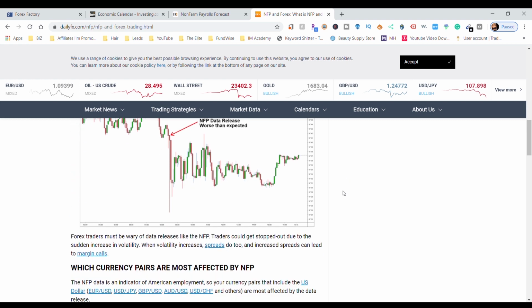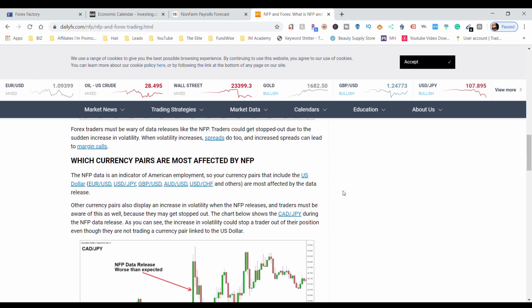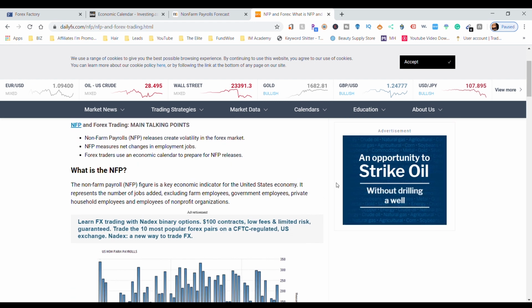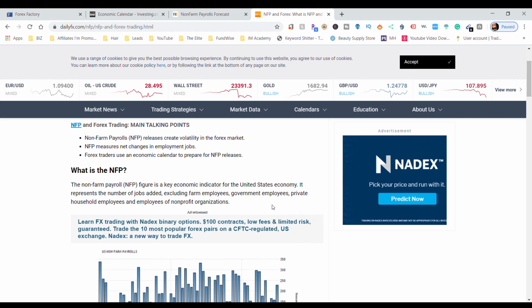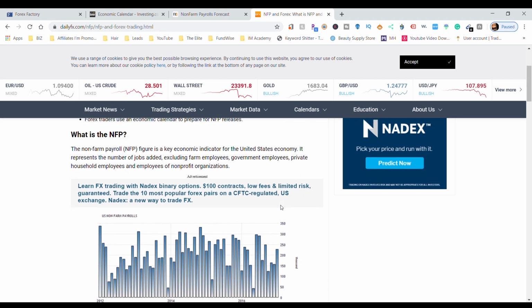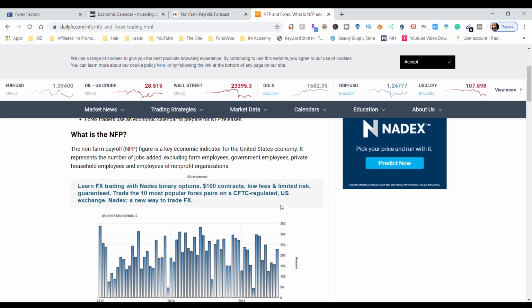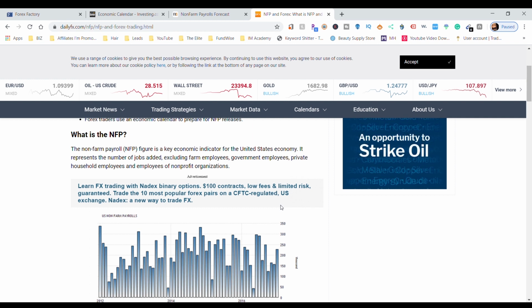So if you're a beginner, make sure that you are trading in demo until you really know what you're doing, because NFP week is always a high volatility week, but it's good to practice so you can start seeing the changes in the spreads. You can see what happens as far as slippage and just different things in the market.